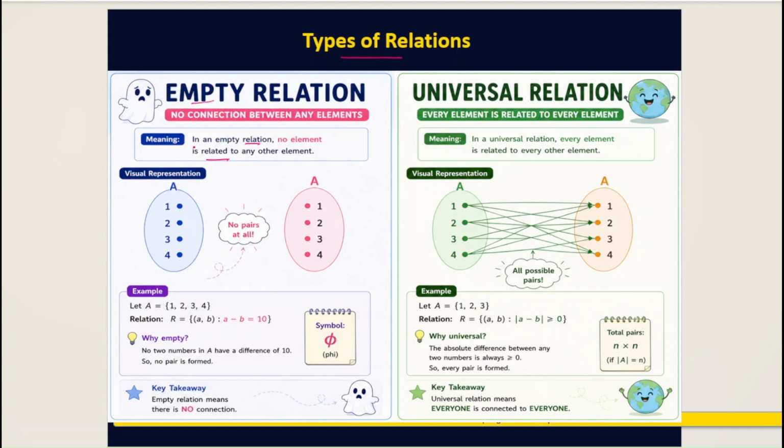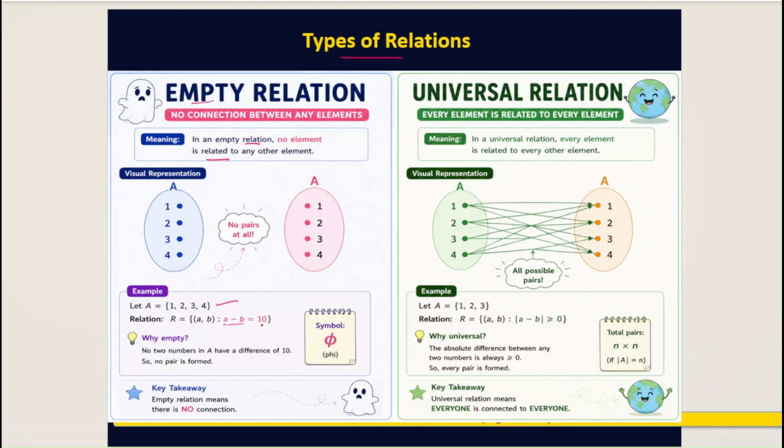For example, start with this example. Let us say there is a set A which contains the following objects. I hope you remember: 1, 2, 3, 4. These are known as objects or elements. So there is a set A containing the elements 1, 2, 3 and 4, and we have some relation R in which (a, b) with a condition, this sign represents condition, a minus b is equal to 10.